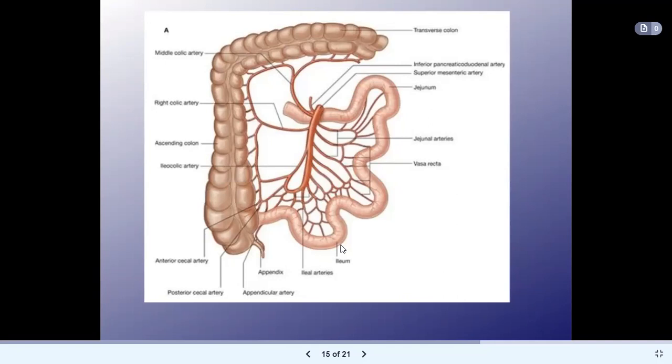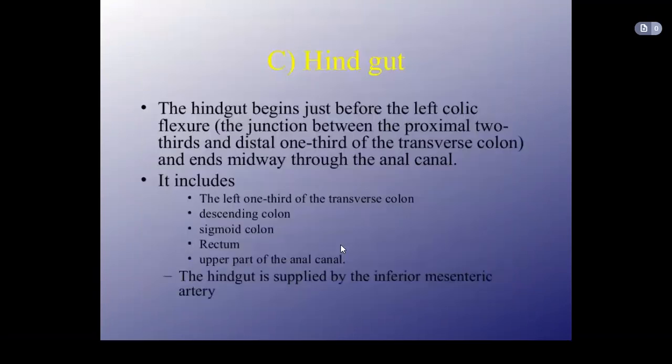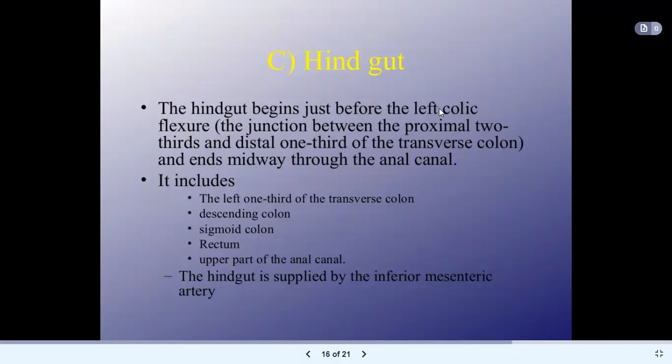Okay. Now let's go to the hind gut. So the hind gut is the lower part. It begins at the left colic flexure, the junction between the proximal 2/3 and distal 1/3 of the transverse colon.